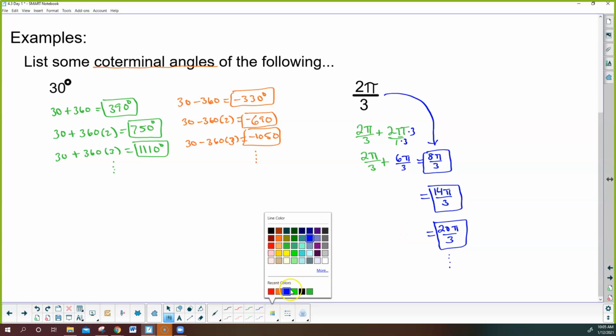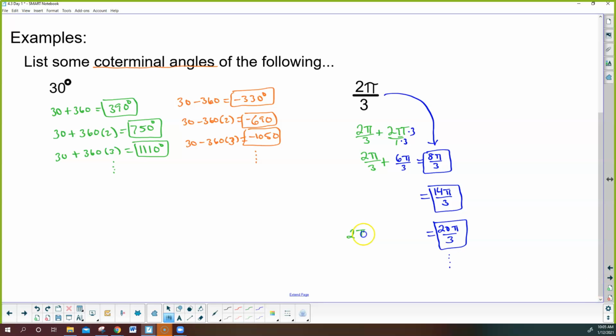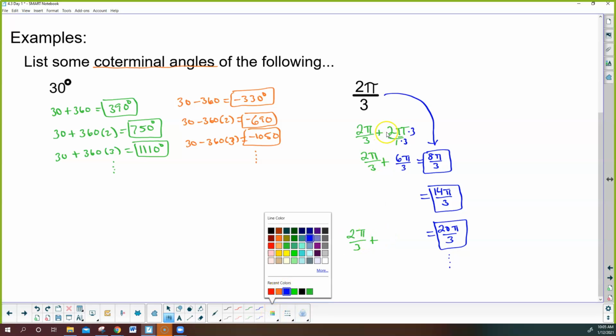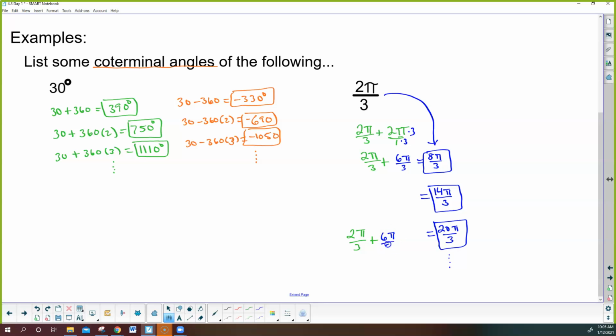Okay. You don't have to write this part, but let's say I wanted to do this longhand for this one. What did I do? I took my original answer, and I said, well, I have 2 pi, but 2 pi is the same as 6 pi over 3 for this case because the denominators are the same. And I added 1, 2, 3. I went 3 times around this circle.